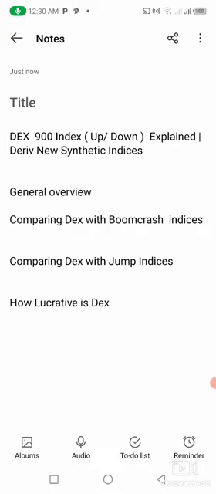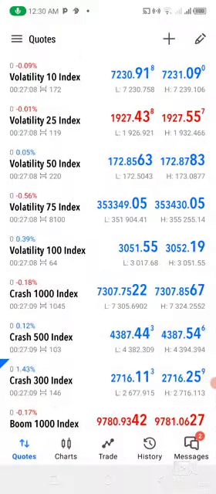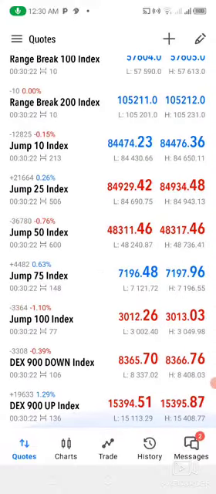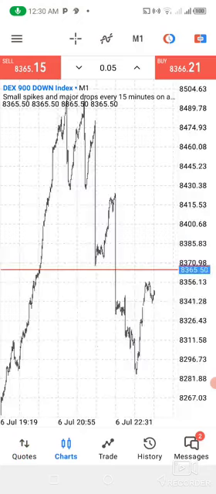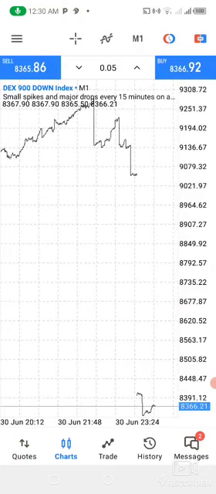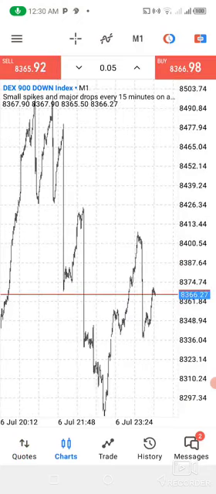Okay. So now I'm going to start with the general overview of the DEX 900 index. I think this will be much easier to understand if we open one of the indices. Now this is the DEX 900 down index.